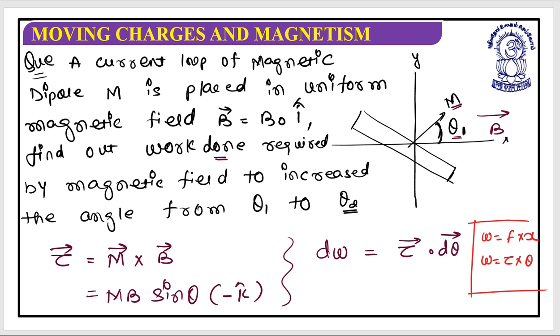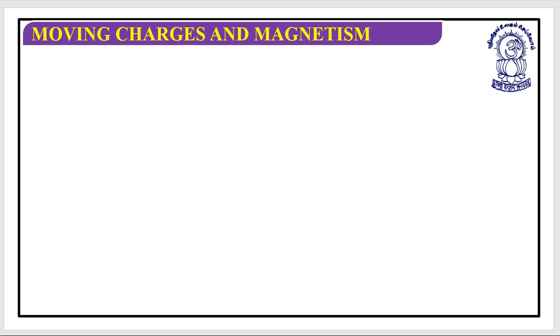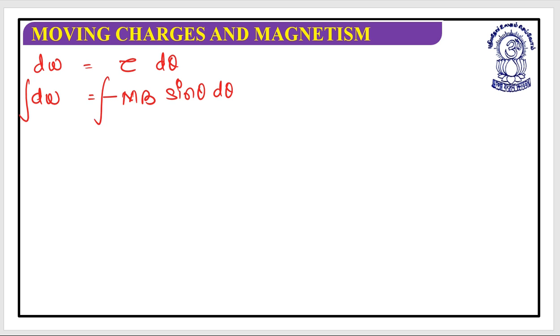Even it is the same thing that we performed in electric charges and fields. At that time we had torque of pE sine theta, and when we rotated the dipole by a certain angle from theta 1 to theta 2, it is the same thing. So let's perform this. dW equals torque dot d theta, which is minus MB sine theta d theta. Let's integrate this from theta 1 to theta 2.